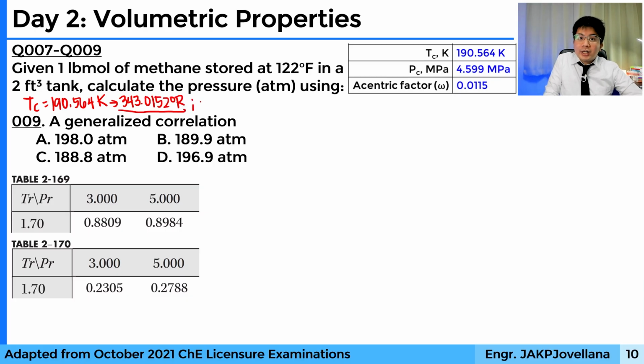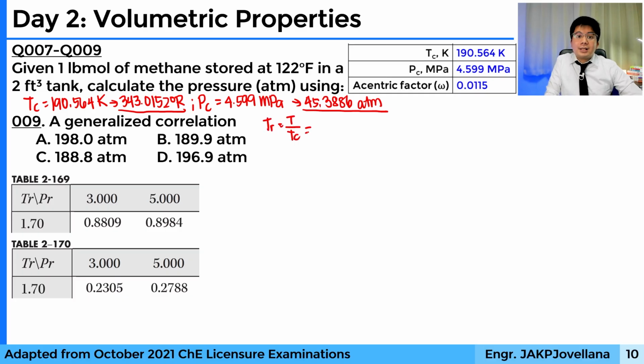While for the critical pressure, we can convert Pc of 4.599 megapascals into 45.3886 atmospheres. We first solve for the reduced temperature. So the reduced temperature is TR equal to T over Tc.